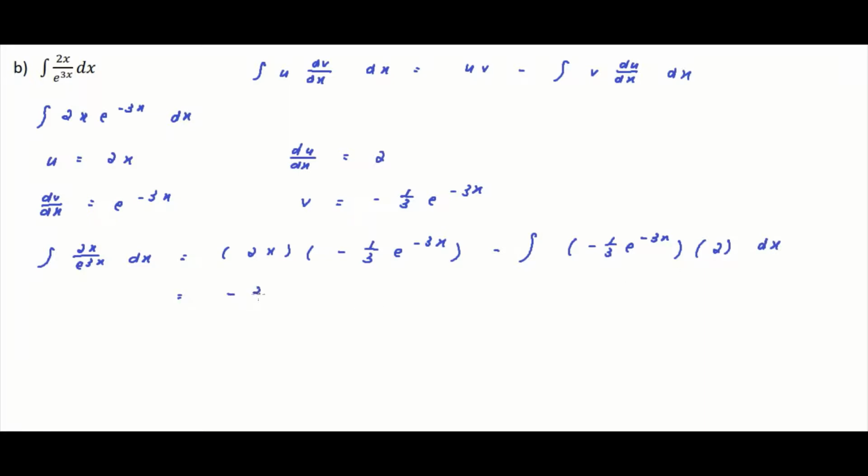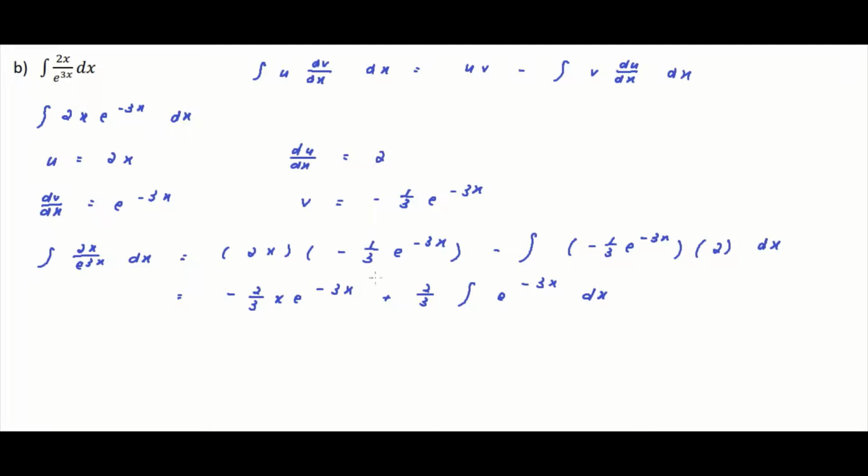So -(2/3)x e^(-3x) minus, you combine these two together and you should have a plus 2/3. Then what do you need to integrate? It becomes e^(-3x) only.